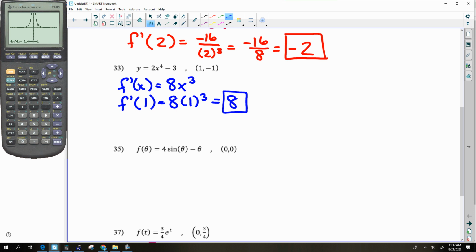I'm going to use my graphing utility to confirm. I clear that out and enter 8x to the 3rd. I'm going to calculate, shift calculate, the derivative, number 6, when x is equal to 1.